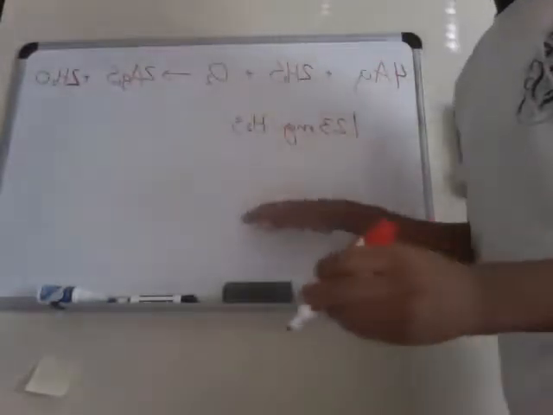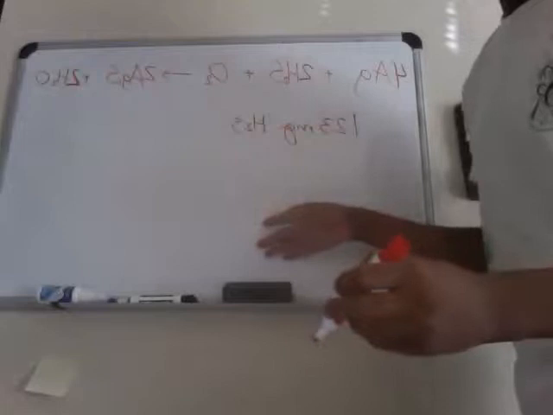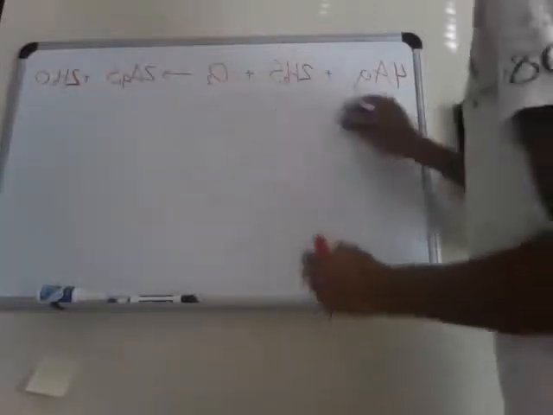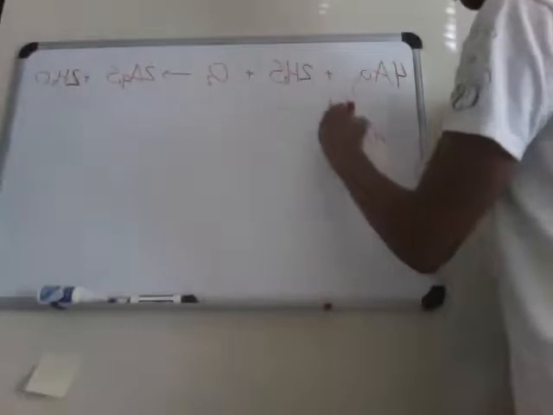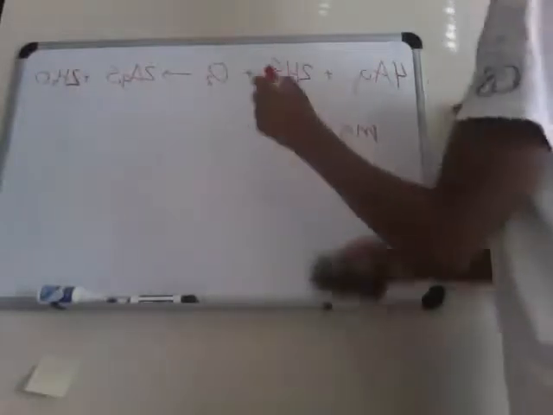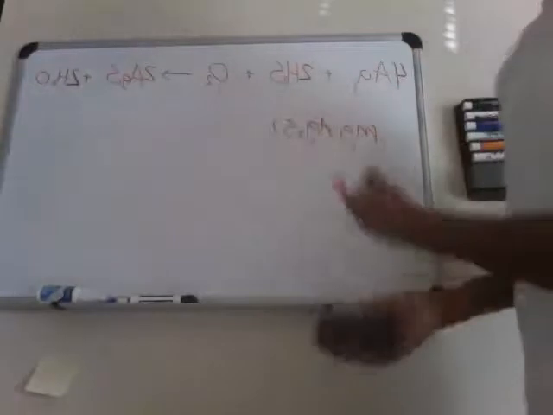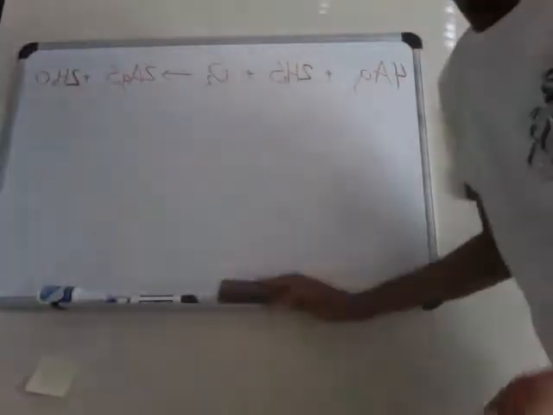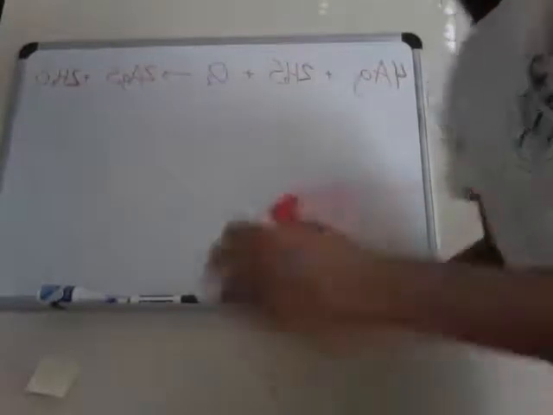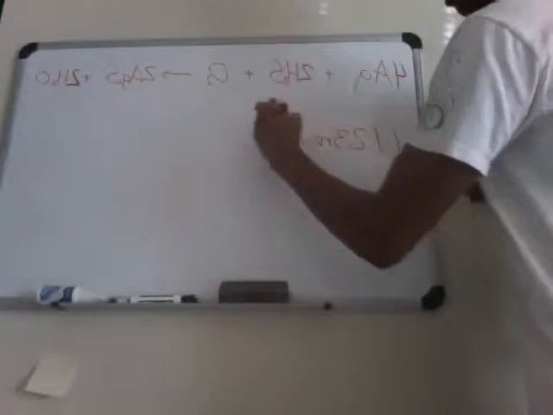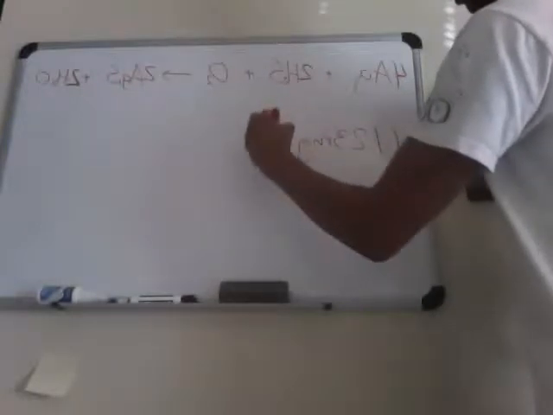So basically your question is about milligrams of hydrogen sulfide, and you see that now. So you start off, they give you 1.23 milligrams of hydrogen sulfide, right?